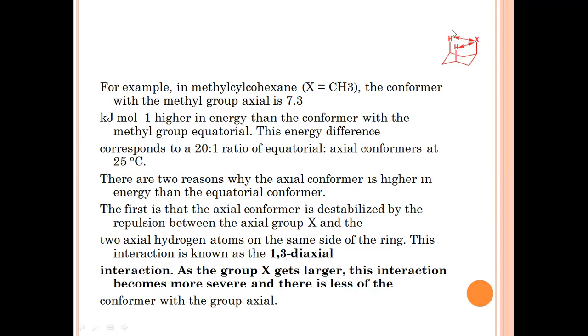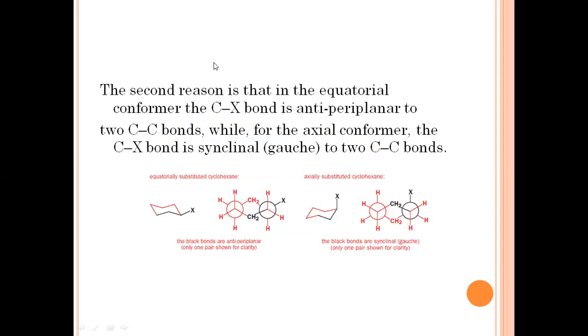So this 1,3 diaxial and this substituent are going to have continuous repulsion between them. Due to this 1,3 diaxial interaction, as the substituent X gets larger, this interaction becomes more severe, and there is less stability of the conformer if it is at the axial position.